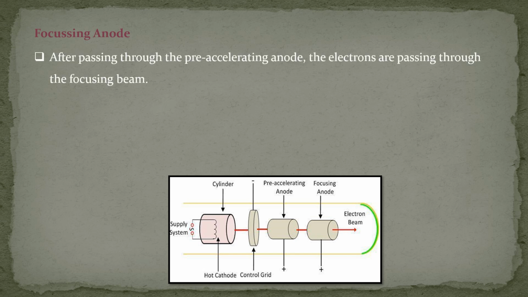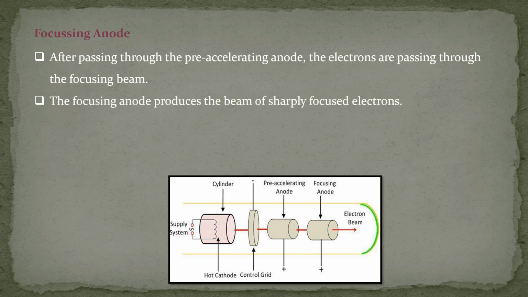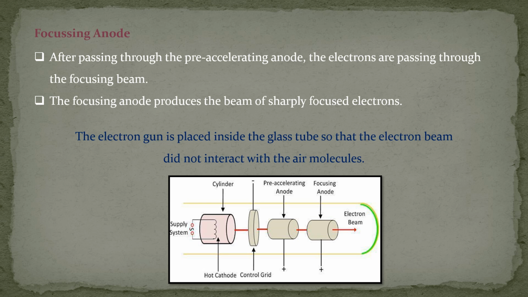After passing through the pre-accelerating anode, the electrons pass through the focusing anode. The focusing anode produces a beam of sharply focused electrons. The electron gun is placed inside a glass envelope so that the electron beam does not interact with the air molecules.